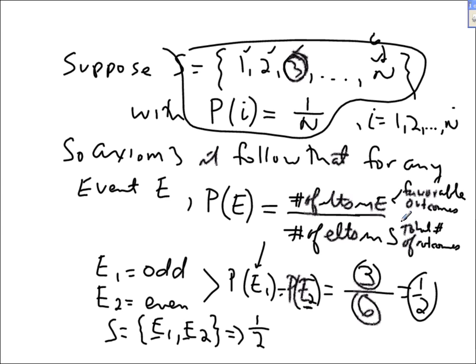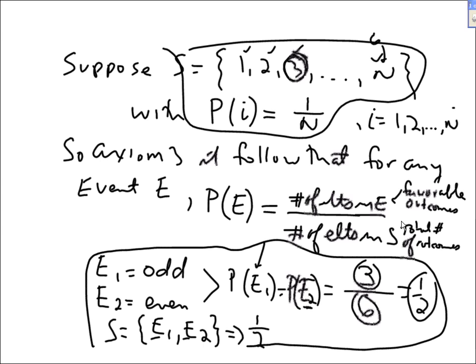What I was saying is, it's not always going to be 1 over 6. When you talk about the tossing of a die, you can come up with a sample space S where S is not 1, 2, 3, 4, 5, and 6. It turns out that S has 2 elements. 2, 4, 6.